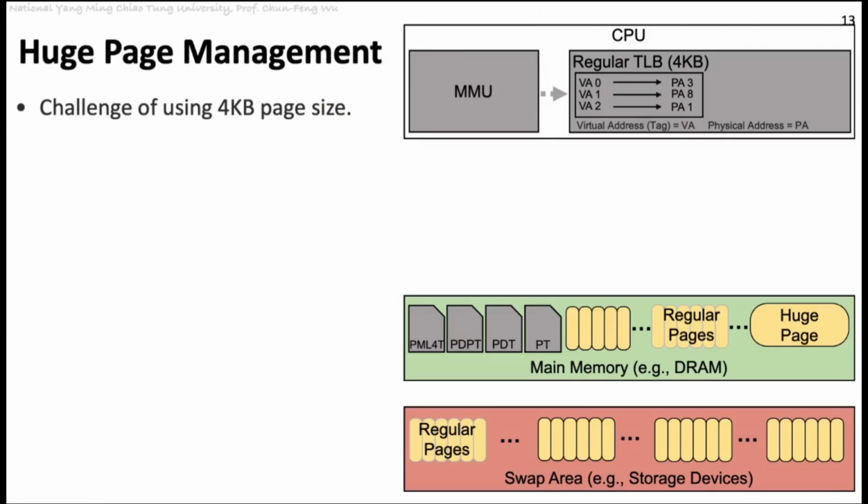In current Intel CPUs, it only supports 4 kilobytes, 2 megabytes, and 1 gigabyte. And there is a reason. The reason is like this.